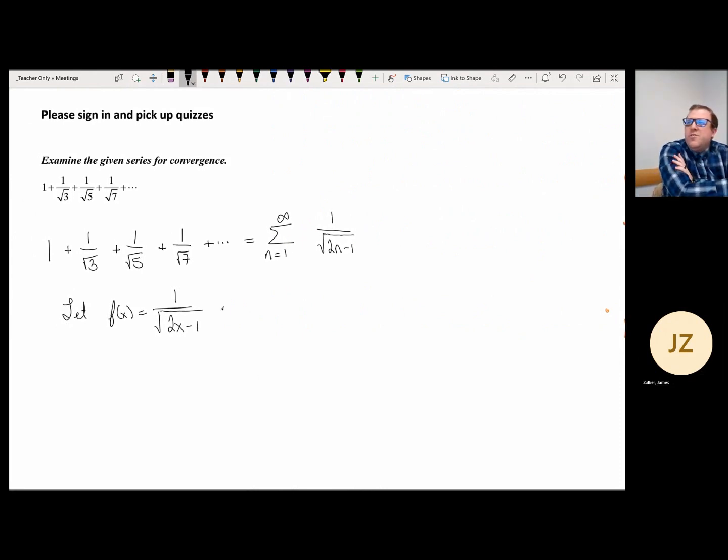So we set f of x to be 1 over the square root of 2x minus 1.